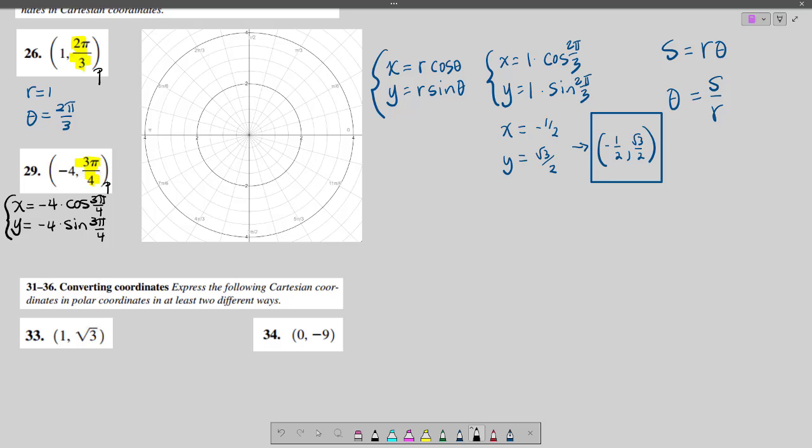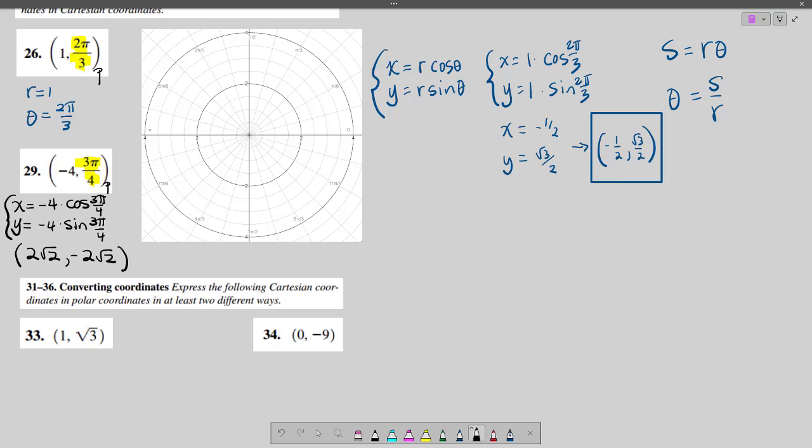So let's see, cosine of 3 pi over 4. 3 pi over 4 is right in the middle of quadrant 2, so negative root 2 over 2. So negative 4 times negative root 2 over 2, that's going to be positive 2 root 2 when we simplify. Sine of 3 pi over 4 is positive root 2 over 2, so we're going to get negative 2 root 2.